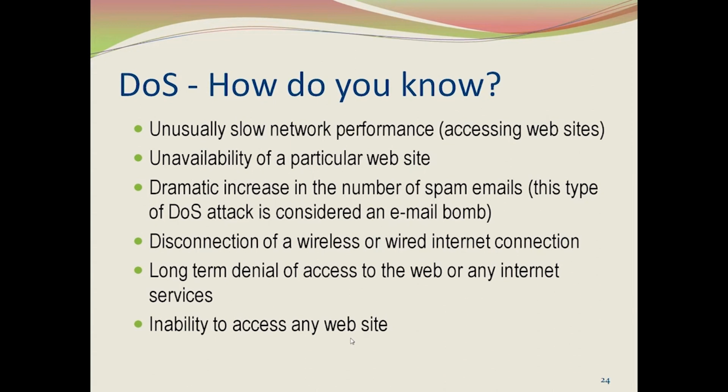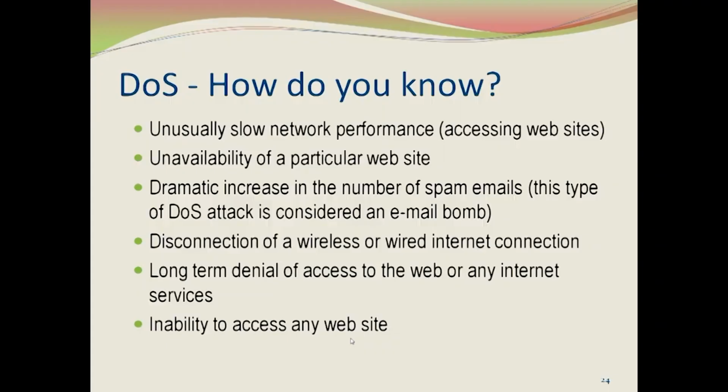Dramatic increase in the number of spam emails also happens, and that too particularly to some server you may find, right. Not for all mail servers you will find this, maybe for some vulnerable mail servers it happens. Disconnection of an internet connection, obviously this may happen after this unavailability or slow performance.